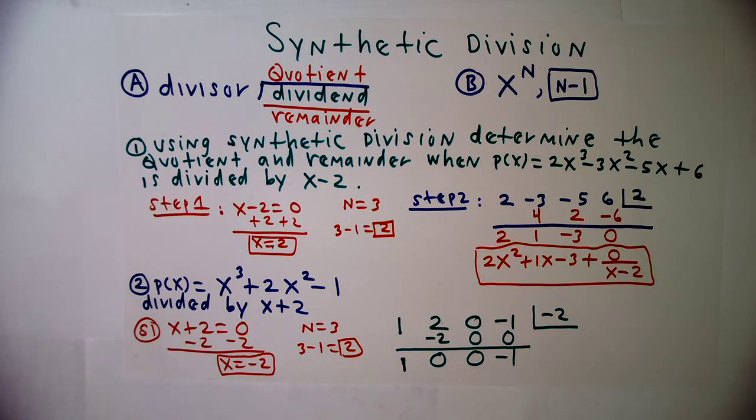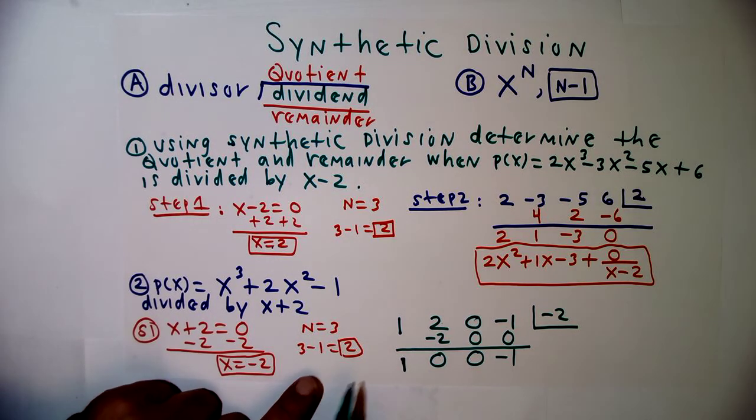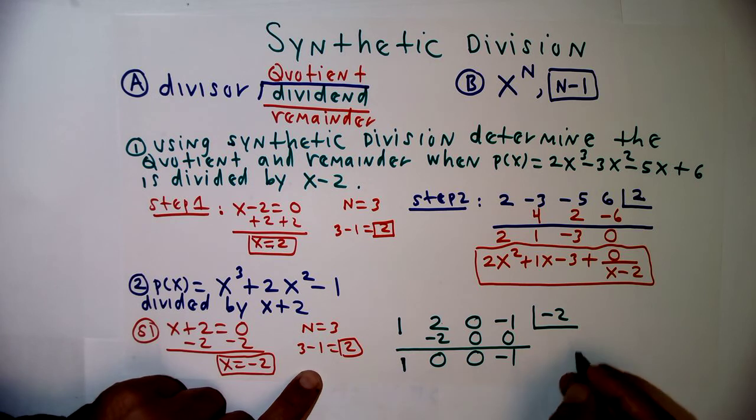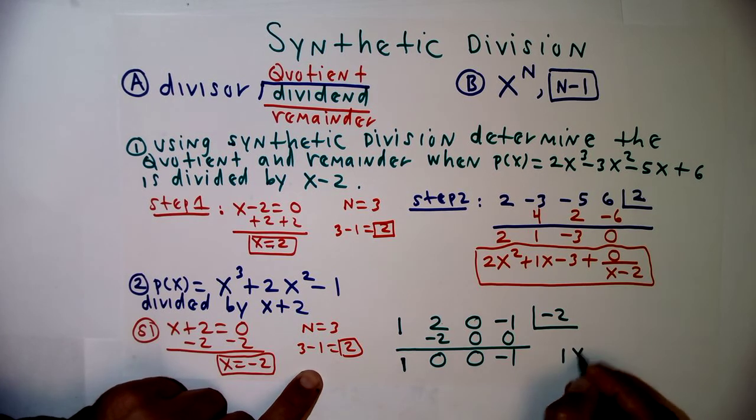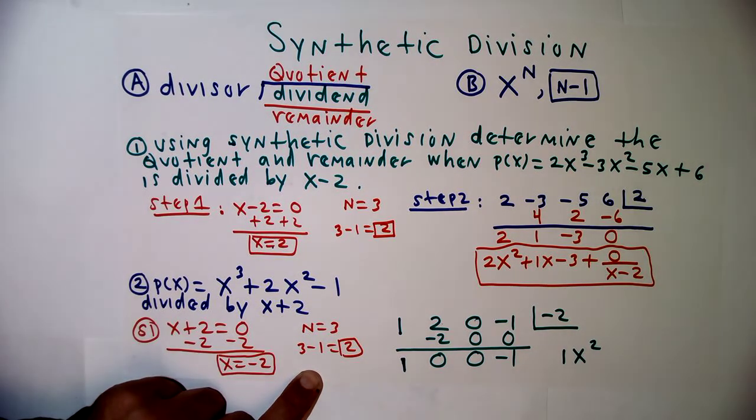But just like before, how are we going to write down the final answer here? Remember, we're going to start with the second power. So this should be 1x to the second. If you notice, this is basically 0, so it's optional. But if you want to write it down, it's going to be 0x.